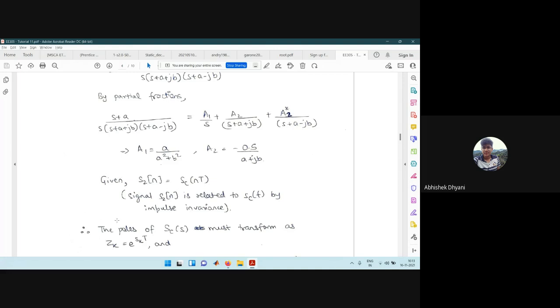I have skipped one step here, and I have directly noted that all the poles of this transfer function must transform as z_k equal to e raised to the power s_k T.